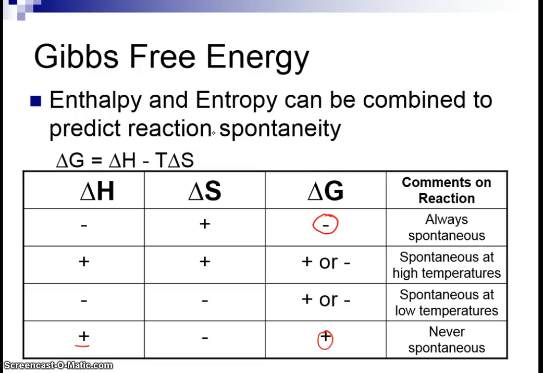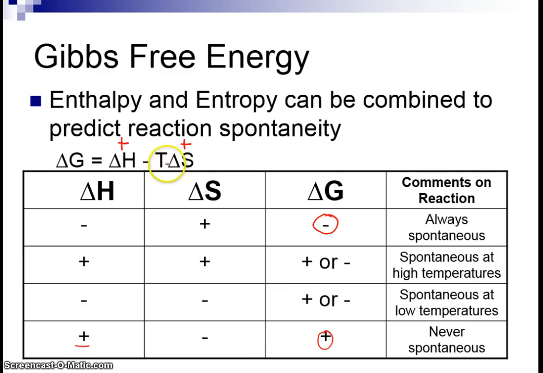Now let's look at our two middle conditions. In this case, it's an endothermic reaction, so this is positive. But my entropy is increasing. So when will this be positive? Well, delta G in this case could be positive or negative depending on what this temperature is. If this temperature drives this so that this is larger, because remember this is the negative value here, then it'll be spontaneous.